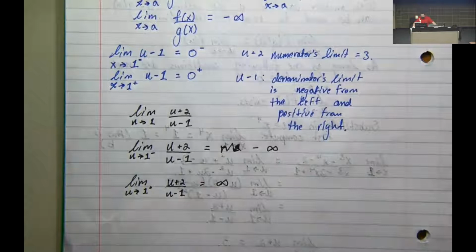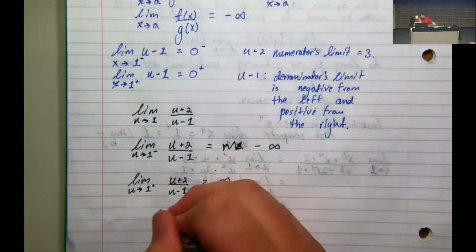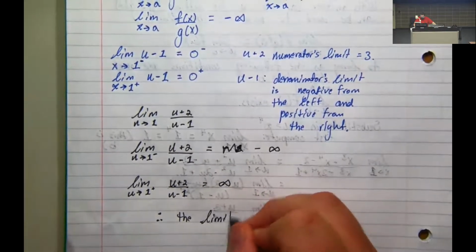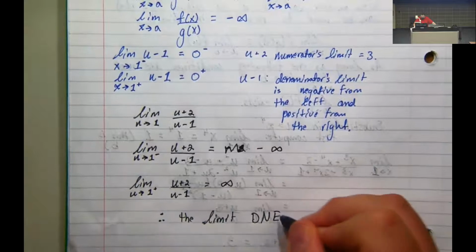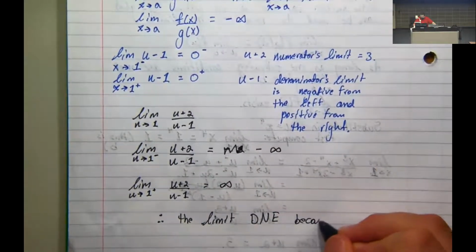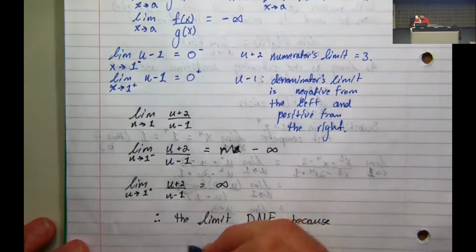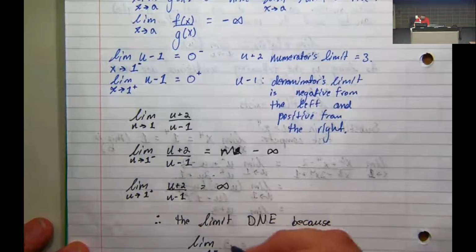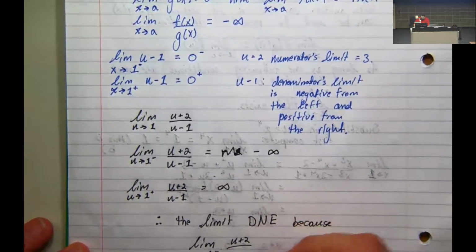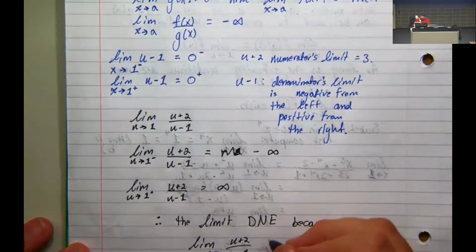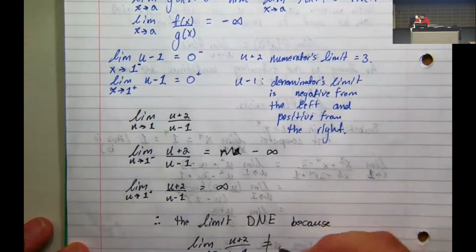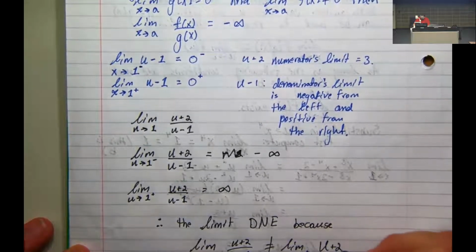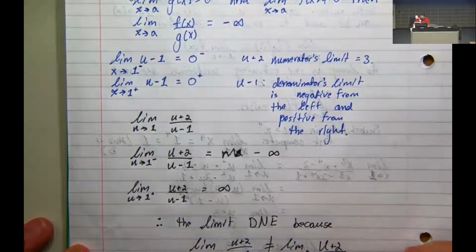And then we can say for our last line, therefore, the limit does not exist because the left side, so the limit as u approaches 1 from the negative of u plus 2 over u minus 1, does not equal the limit as u approaches 1 from the positive of u plus 2 over u minus 1.